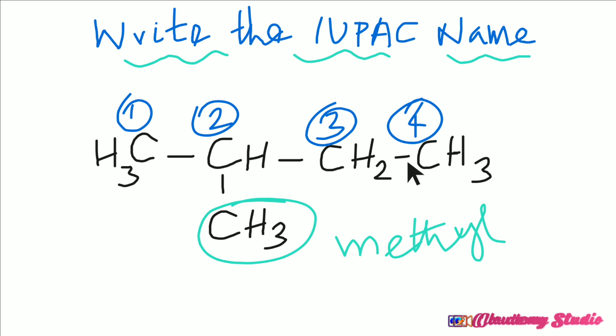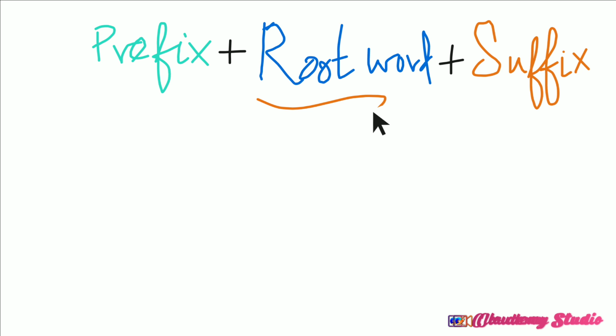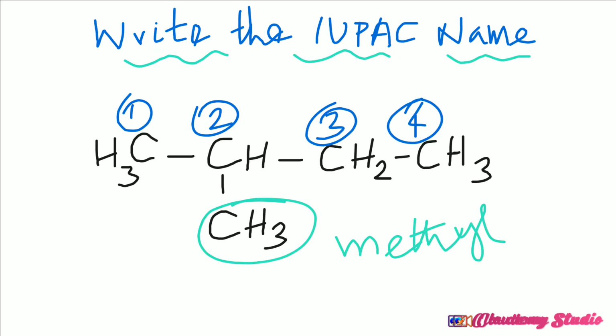Now we can name the hydrocarbon. The name of the hydrocarbon contains 3 parts: prefix, root word, suffix. What's the prefix? The prefix denotes the substituent, that is the location of the substituent and the name of the substituent. Let's check the location, that is at the second carbon atom.